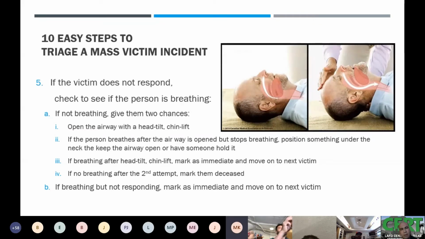Patrick, question? Yes. What if you have 2 people approach you? One is either carrying another or helping them get to you. Do you keep both of them right there, or do you tell the person carrying the more injured person to leave them there and go to another area? I'd keep them.